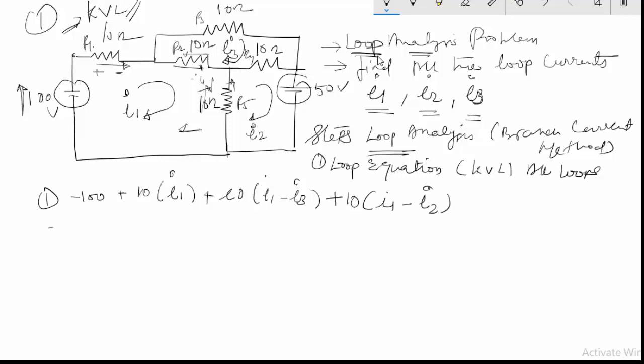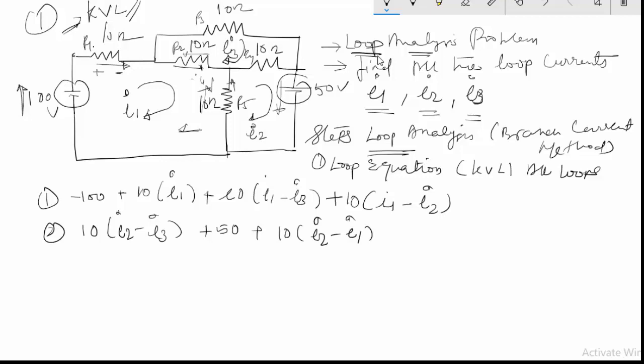Again, the equation of my second loop will be 10(I2 minus I3) if I am taking this resistance, and there is a fall in potential here, so it will be plus 50, plus 10(I2 minus I1).